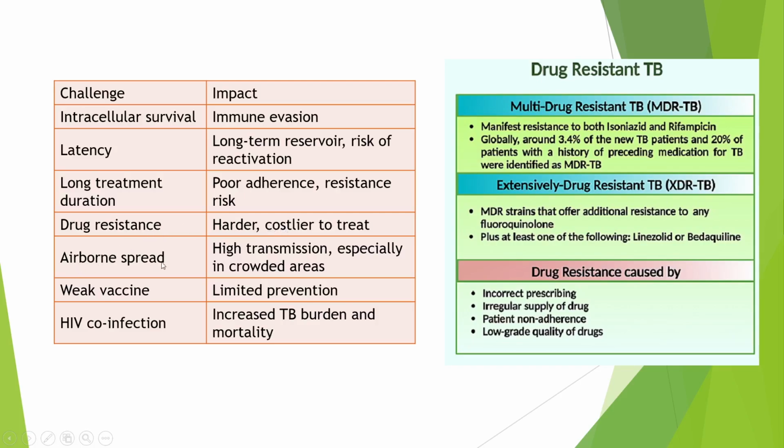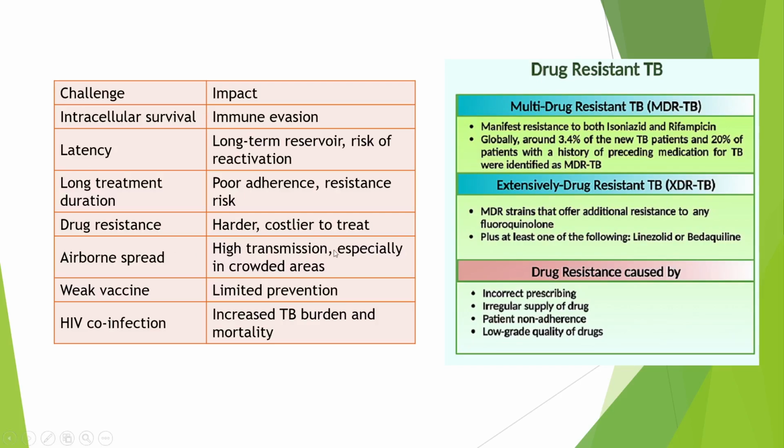And airborne spread, so airborne spread is highly transmissible because you can avoid contaminated food, or you can take precautions against use of needles and all these things, but if it is airborne you cannot prevent it in a very efficient way.